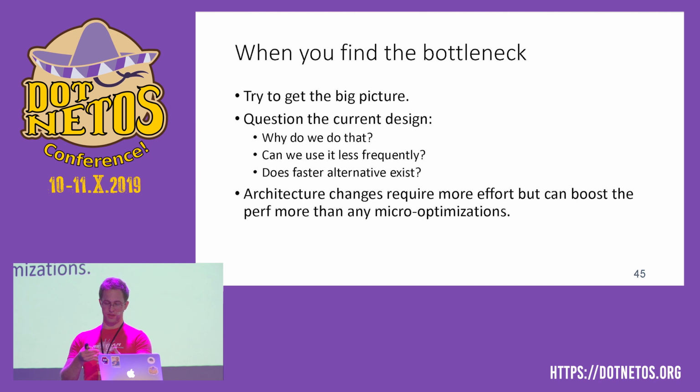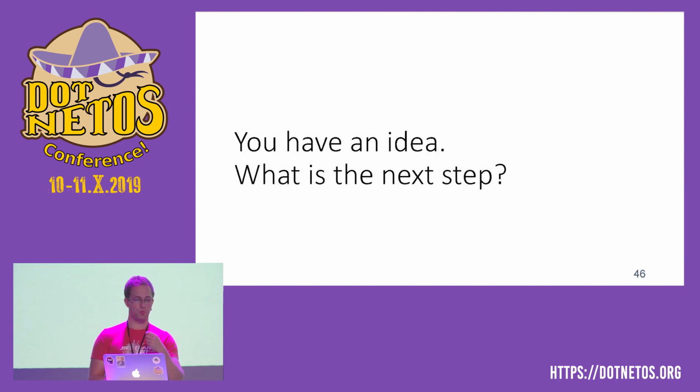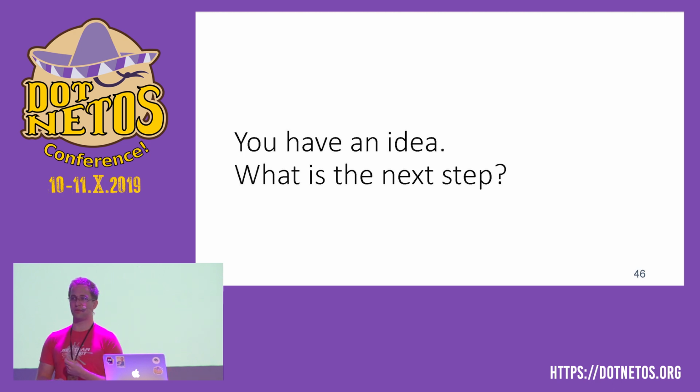And when you know what the code is doing and why, then you can start applying all the optimizations. But once you have the idea of what you would like to change in the source code, what is the next step? And just a hint, most software engineers forget about this. But during the interviews, everybody claims to do it.